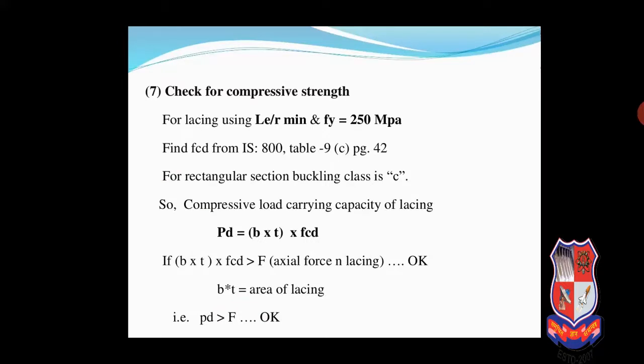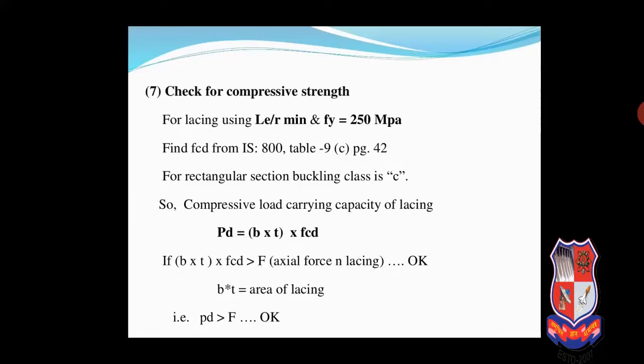Now next, check for compression strength. For lacing, use LE upon r minimum, for Fy equal to 250 MPa. Find FCD from IS 800 table number 9C. Why 9C? Because we designed a built-up column. For a built-up section, the buckling class is C. That's why we use table number 9C on page number 42 to find FCD.